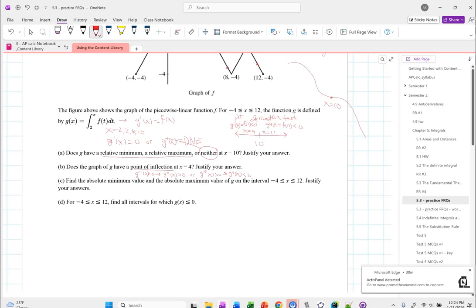Is that okay? And I know that the second derivative of g is the same as the first derivative of f. So I'm just going to do one of these guys.